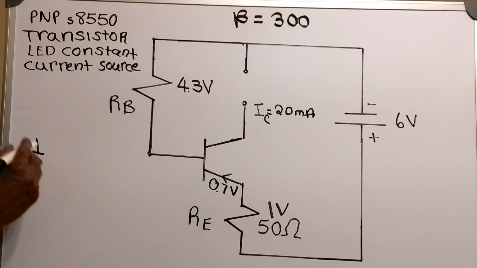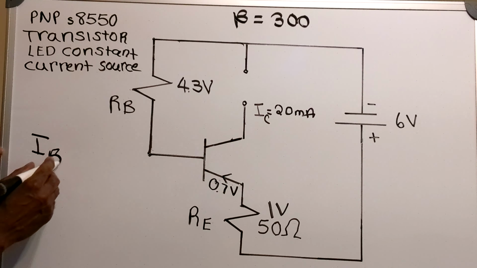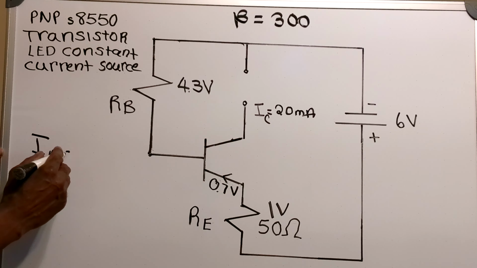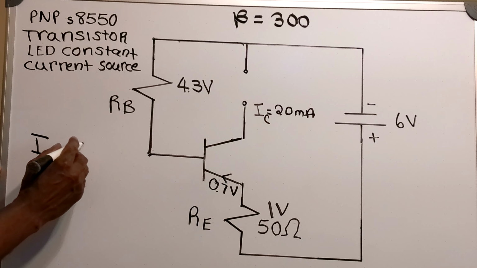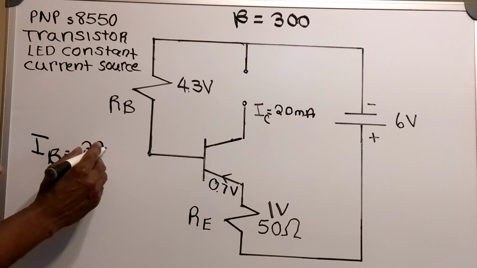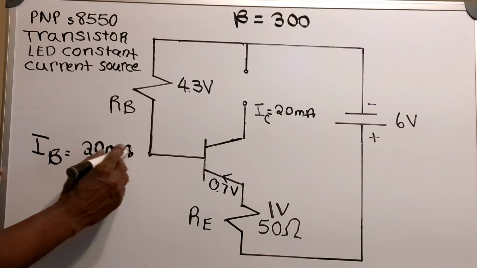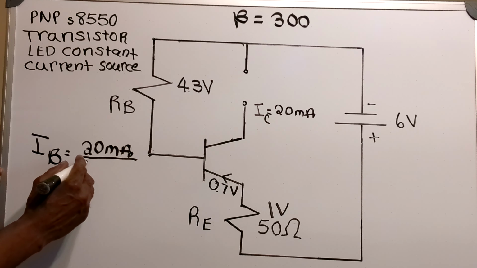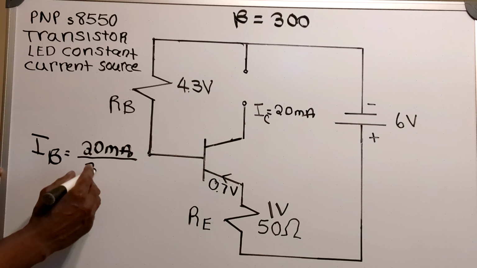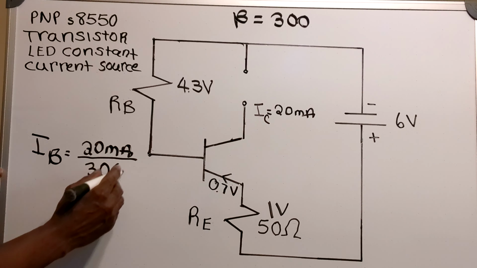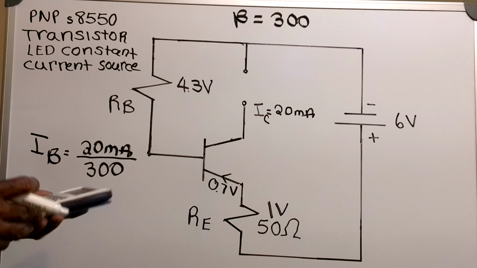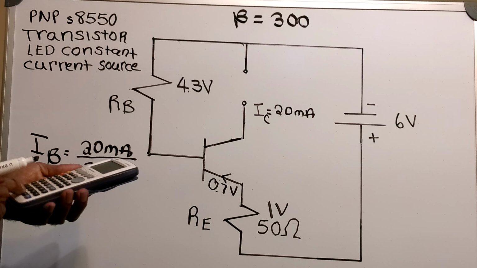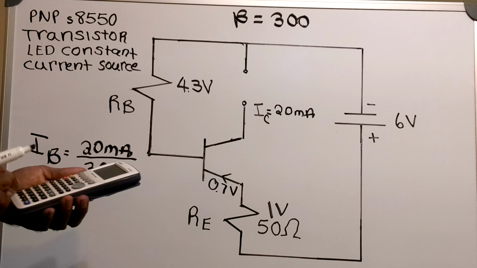So IB, the base current, equals my 20 milliamps divided by my beta, and my beta is 300. That is 20 milliamps divided by 300.